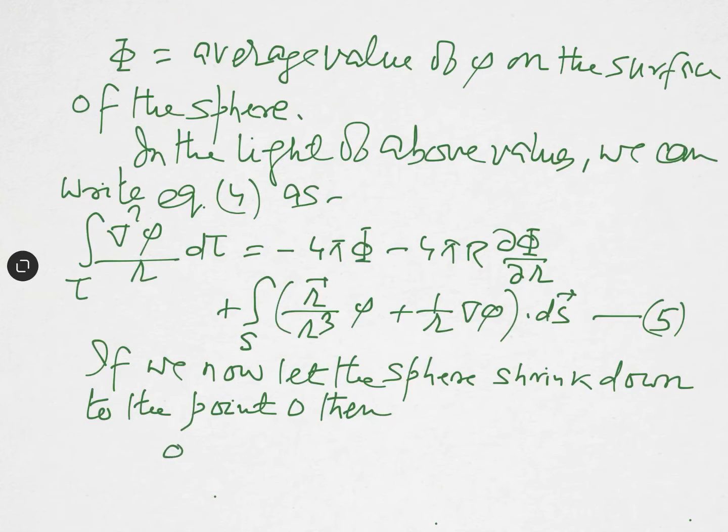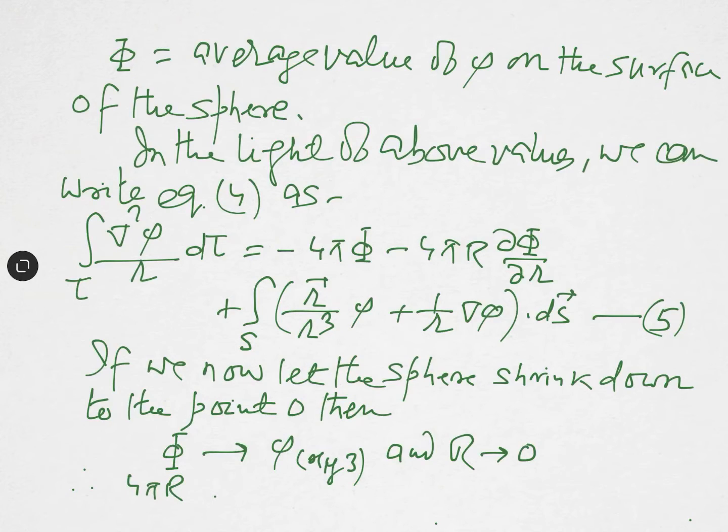then what will happen? Then this capital phi will tend to actually phi at x, y, z, and at the same time the sphere will just change into a point, so r will tend to 0, and therefore in this condition you may say this 4 pi r times del phi by del r will also tend to 0 because r tends to 0.